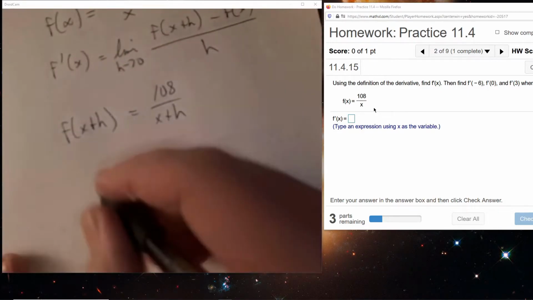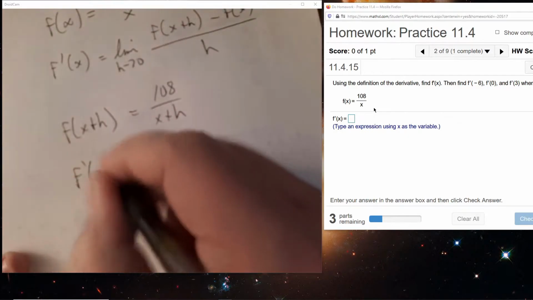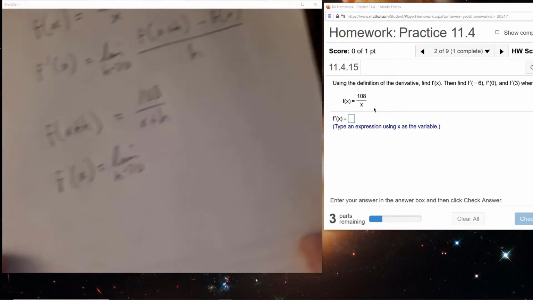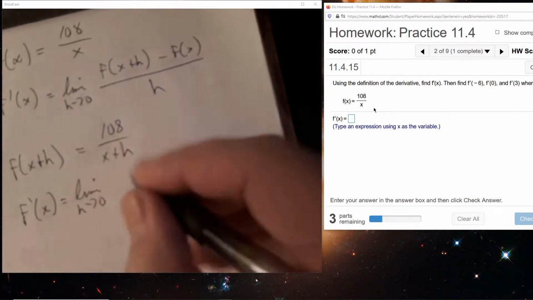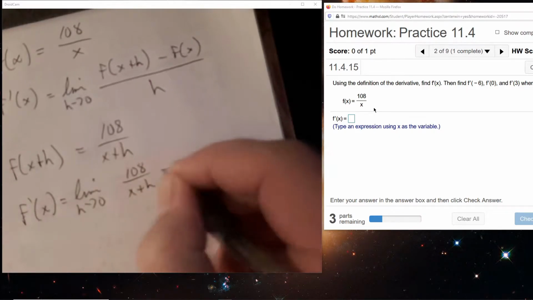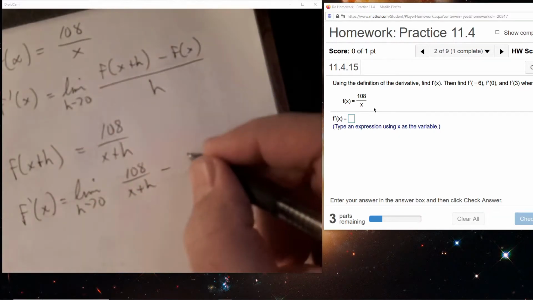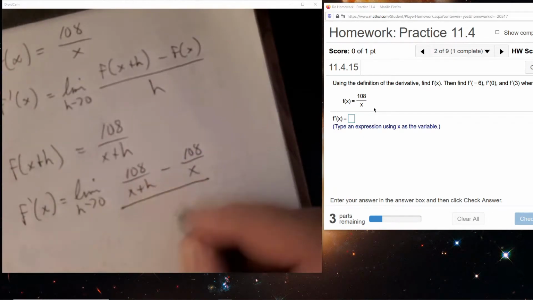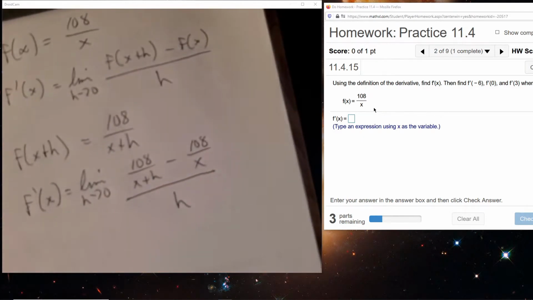And so we'll plug this stuff into the derivative. So f of x plus h is 108 over x plus h minus the original function, all divided by h.